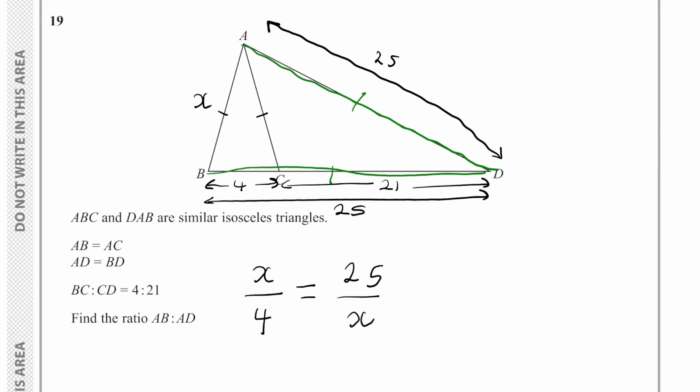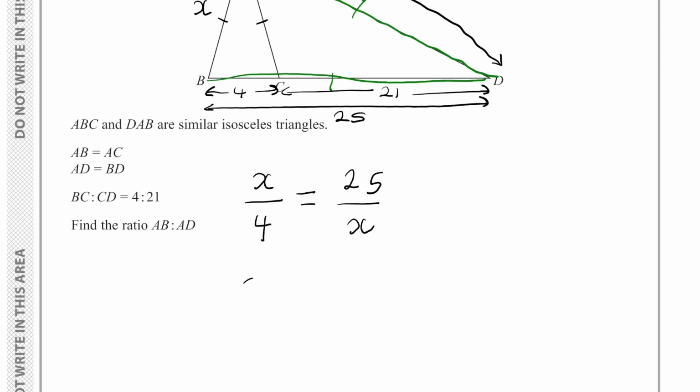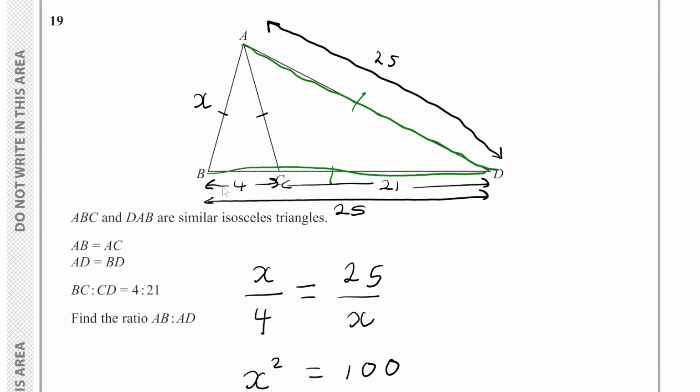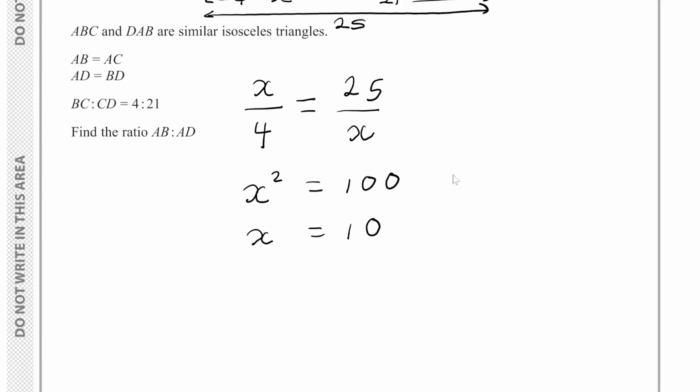Times both sides by x, times both sides by 4, x squared is 100, x must be 10. So if x is 10, the ratio of AB to AD is 10 to 25, or simplified, 2 to 5.